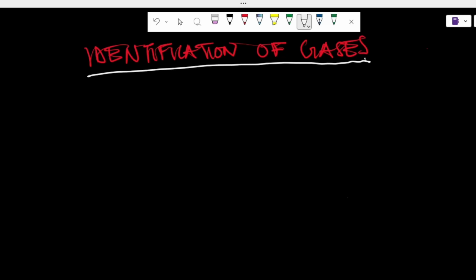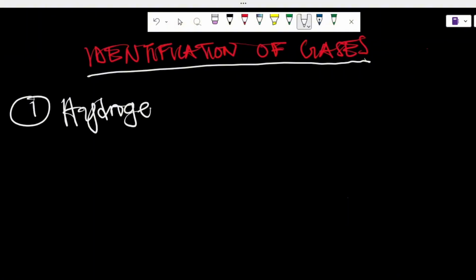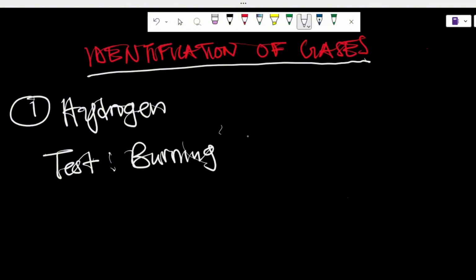Now, what about the identification of gases? How do you identify gases? Well, if you're talking about hydrogen, the test is usually done by using a burning splint.